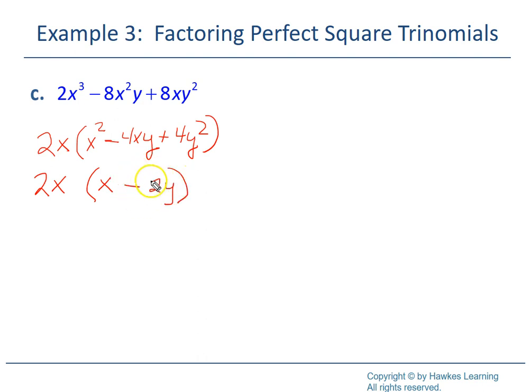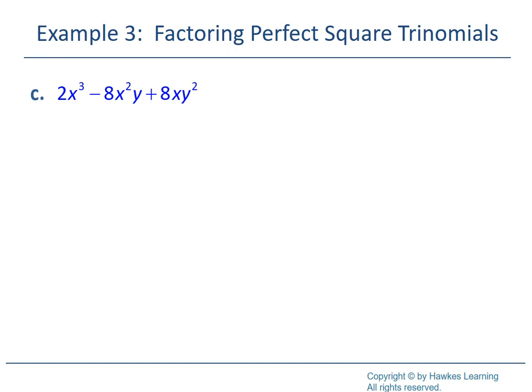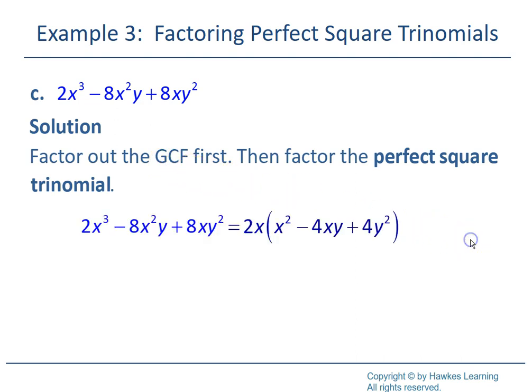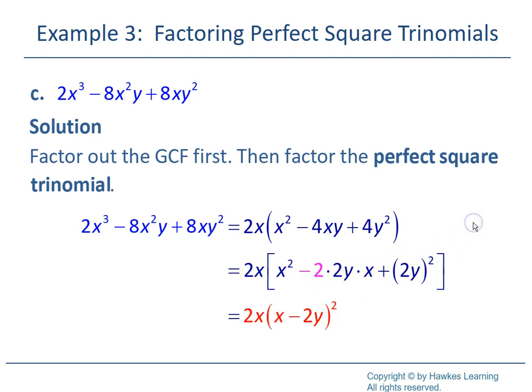And then square this, and we get this. So we got to put our square sign there. There we go. And we factored out the greatest common factor first. And it meets the criteria.